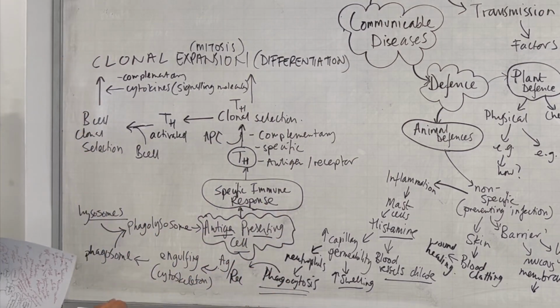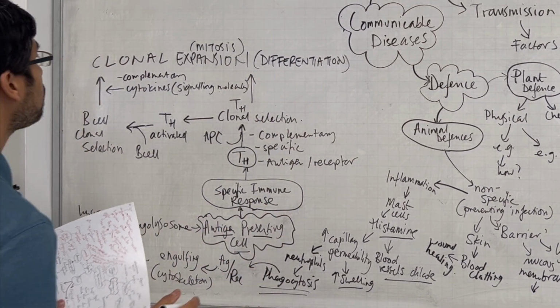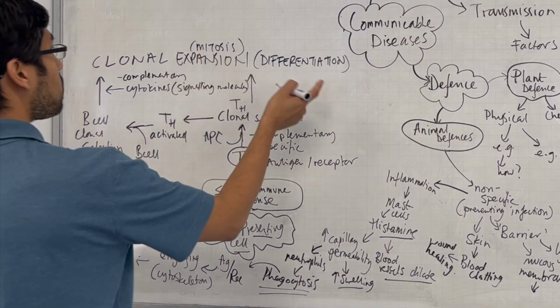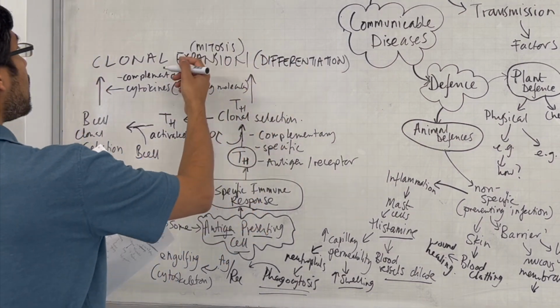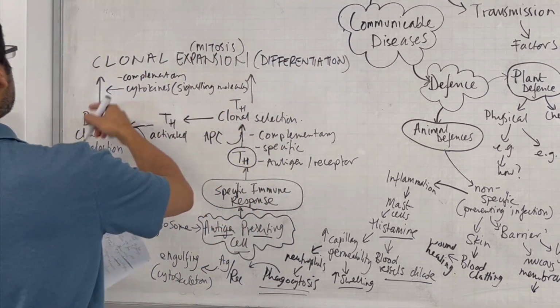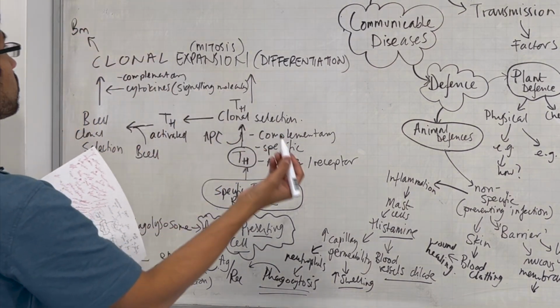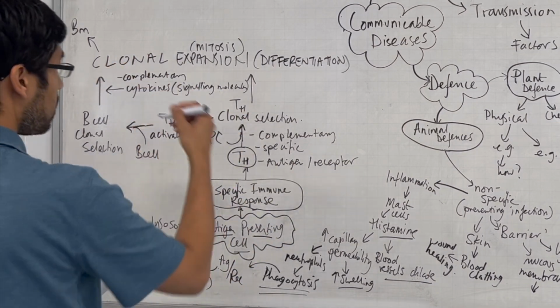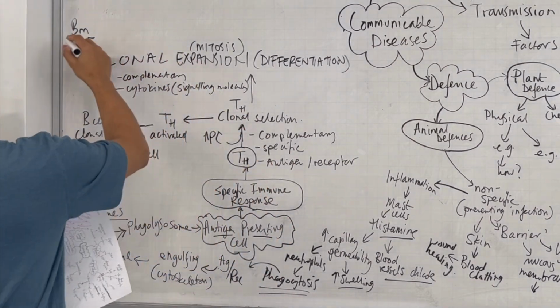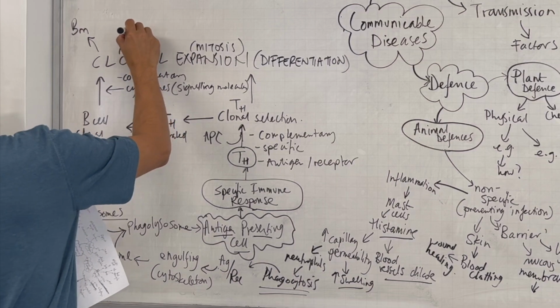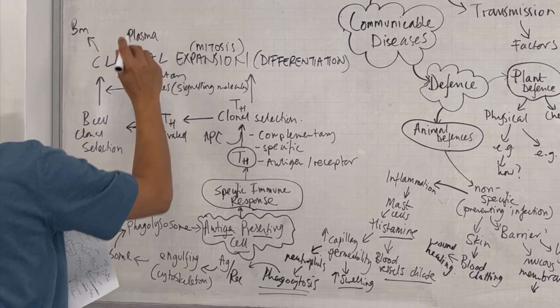differentiation. I am definitely going to run out of space. Okay, differentiation. Now, differentiation results in a number of different cells produced. Now, the B cells differentiate into B memory cells and plasma cells.